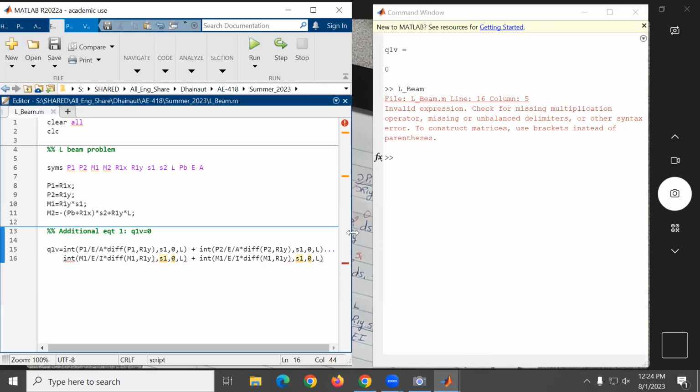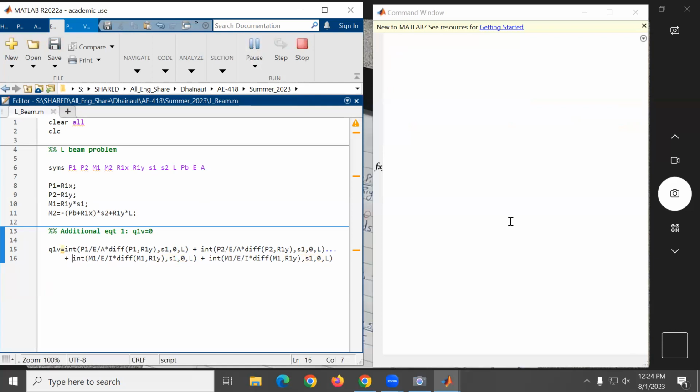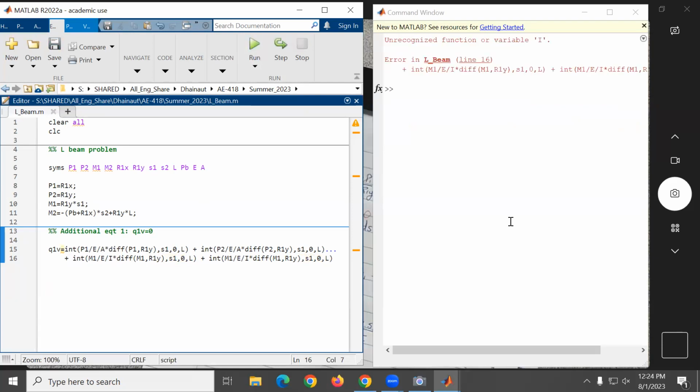I think it's not understanding the 3 points, but you're missing a plus sign between the second and the third term. Oh, a plus sign, correct. So where do I need to put it? Before or after the 3 dot, you think? Okay. We're gonna find out. Okay, that's fine. Easy to do that one, no?